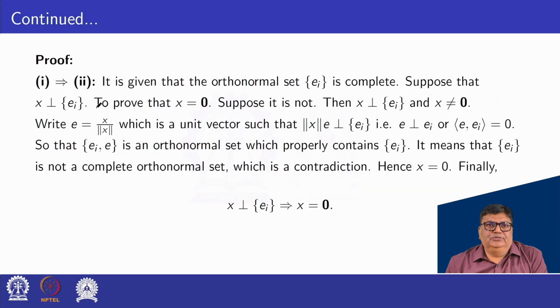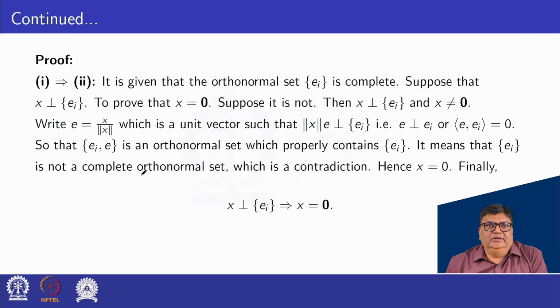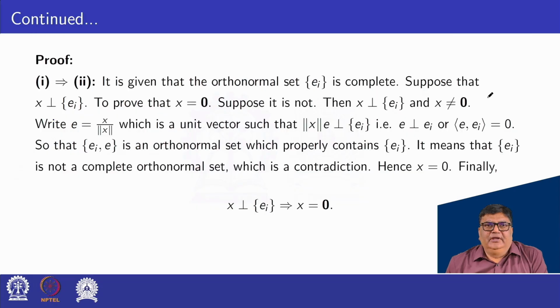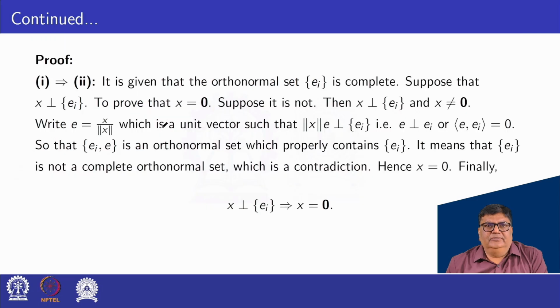Proof, first implies second. Suppose first is given and we have to prove second. So here it is given that the orthonormal set Ei is complete. Suppose that x perpendicular to Ei. Now we have to prove x is equal to 0 vector.